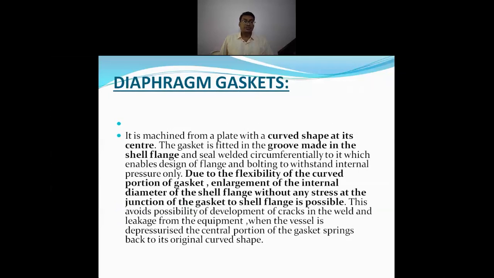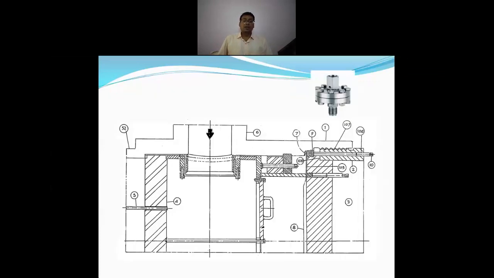The diaphragm gasket is machined from a plate with a curved shape at its center. You can see here the curved shape at the center. This is your diaphragm gasket.